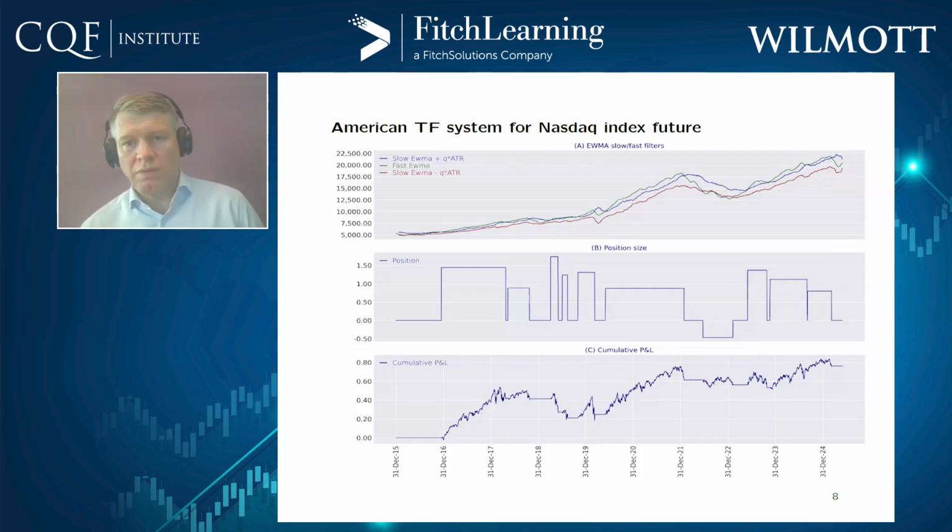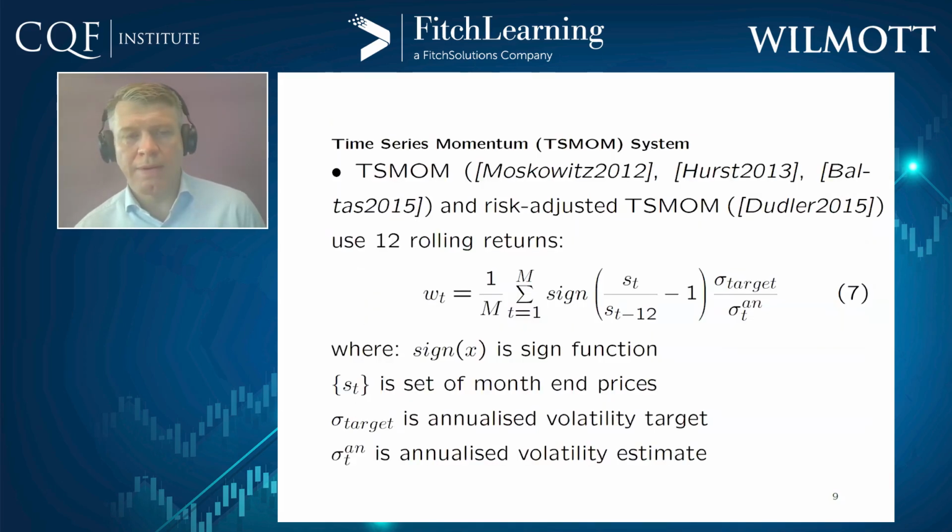So we are either long or neutral or short. That's it. Very simple. We go short when the fast EWMA is below the slow EWMA plus filter. So it's relatively simple, and nevertheless it works overall, right? Here I show you how we generate the signal, position size, and cumulative PNL of this future.